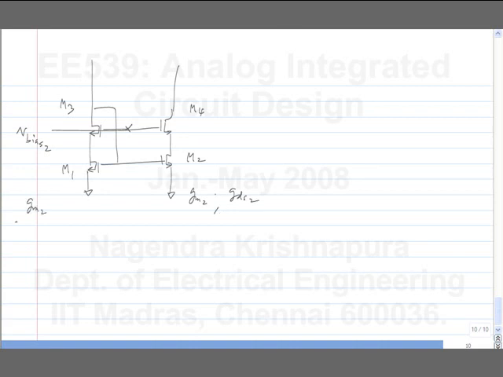Now I said that the reference branch has n times smaller current. I want to get a current source of I naught. Now I can have any current here and multiply it by the appropriate value. So each of this is W2 by N by L2, and this is W4 by N by L2.